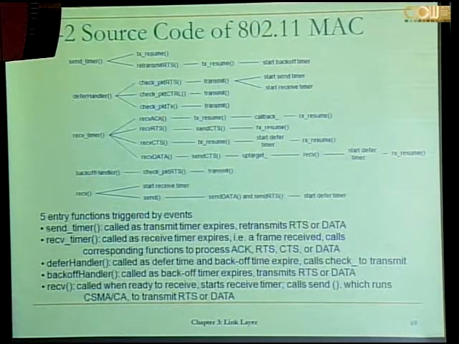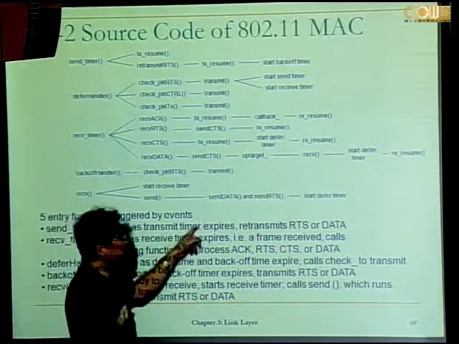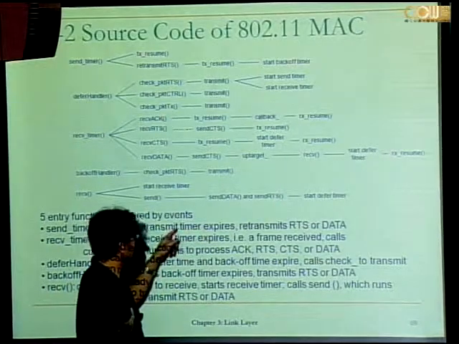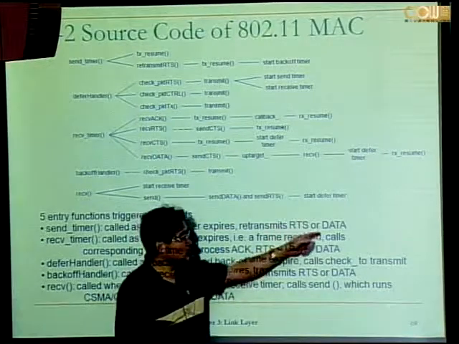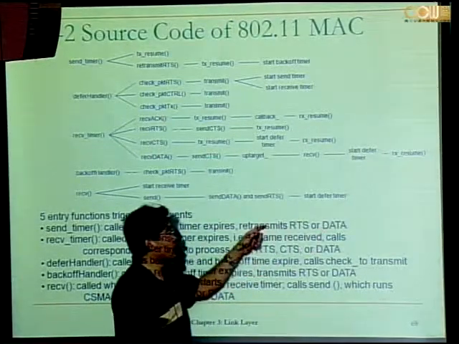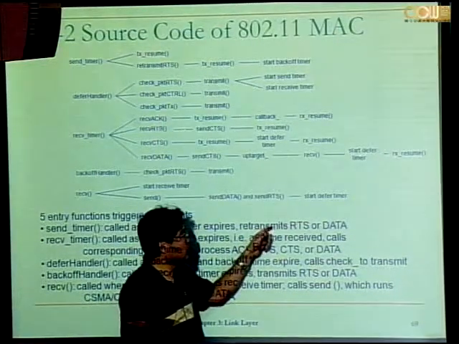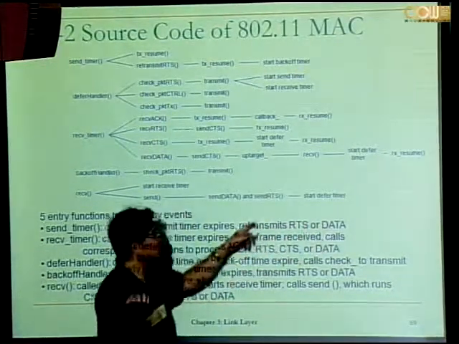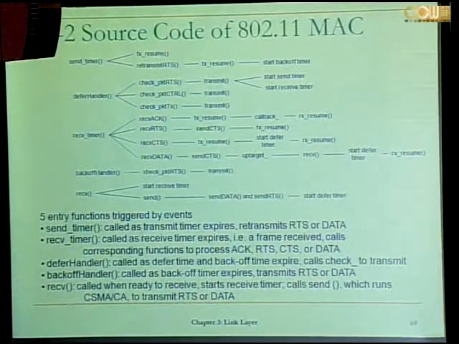It means that you transmitted something, but did not get an acknowledgement. So you would retransmit either RTS or a data frame. If you have sent RTS but didn't get acknowledgement, then you retransmit. If you send a data frame and didn't get acknowledgement, you retransmit too. So that's the purpose of the send timer.